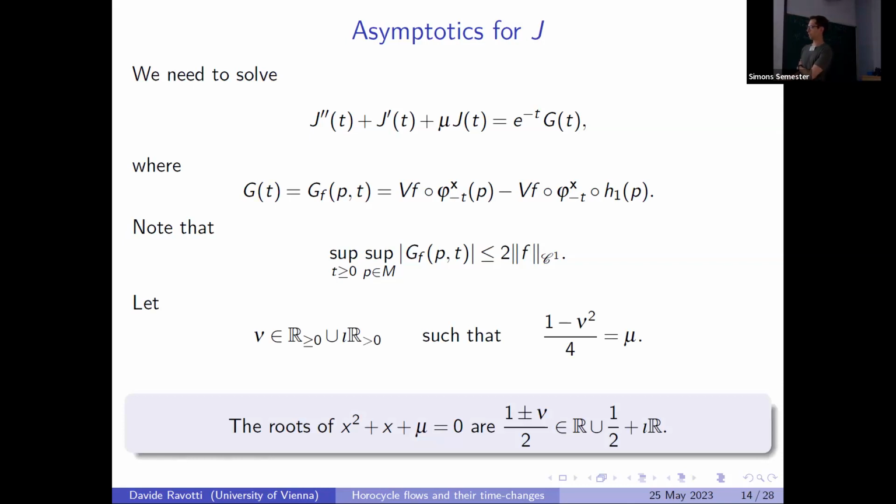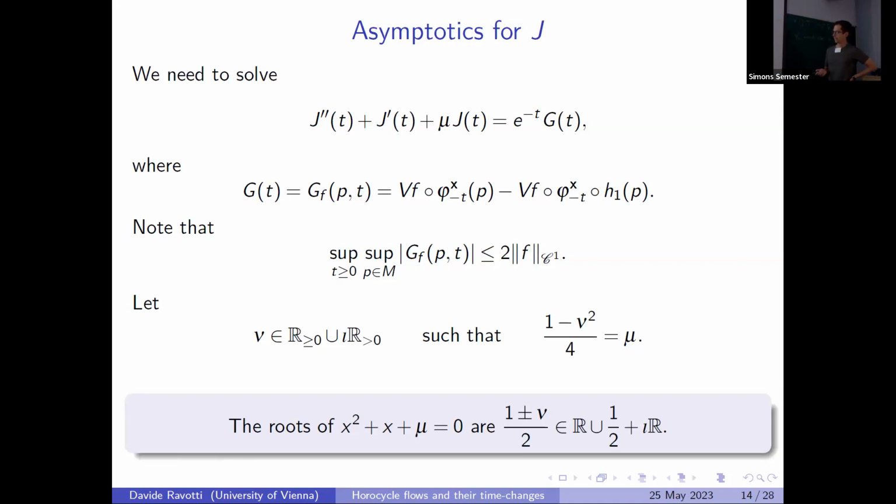So you look at this second degree polynomial, it has two roots that are 1 plus or minus the square root of 1 minus 4 mu, over 2. So I will call nu to be precisely this square root of 1 minus 4 mu, with the square root chosen either positive or purely imaginary with positive imaginary part.